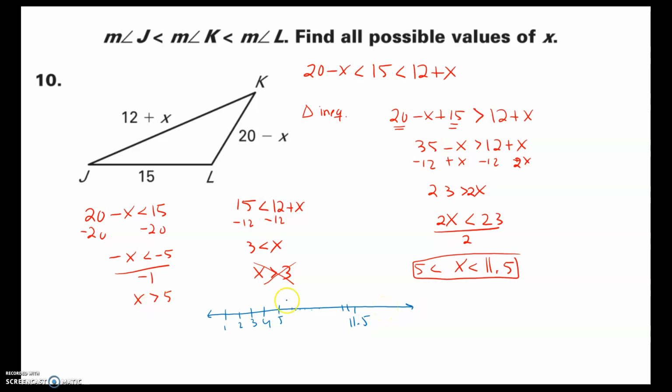I want x to be greater than 5, so it's going to go this way. I want x to be greater than 3, and I want 11.5 to be greater than x, this way. So now where do they all overlap? That would be right here, where I get 5 is less than x less than 11.5.